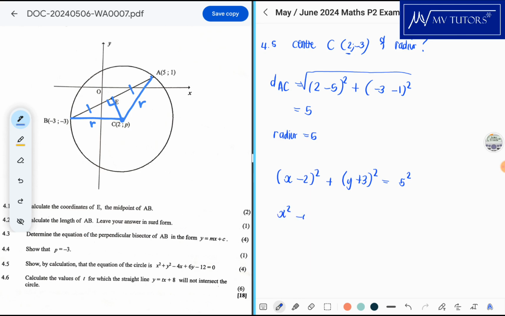We have x squared minus 4x plus 4 plus y squared plus 6y plus 9, minus 25. If I take 5 squared to the left hand side, and then I'm going to put the x and y together. x squared plus y squared, I have that minus 4x plus 6y. Yes, we do have that.